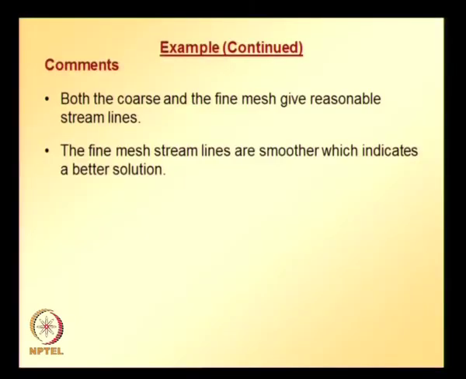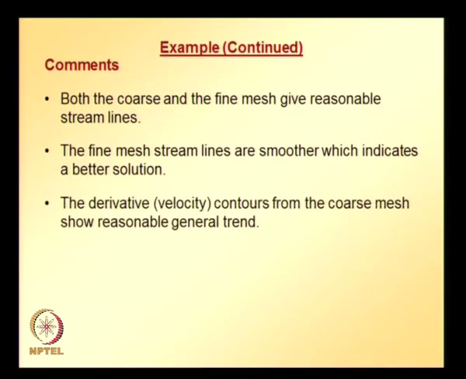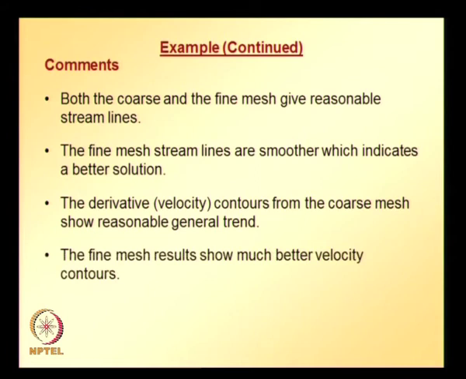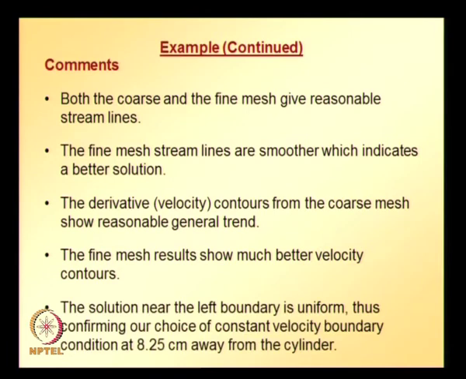Fine mesh streamlines are smoother, which indicates a better solution. Derivative contours for the coarse mesh show a reasonable general trend. Fine mesh results show better velocity contours, and the solution near the left boundary is uniform, thus confirming our choice of a constant velocity boundary at a distance of 8.25 centimeters away from the cylinder.